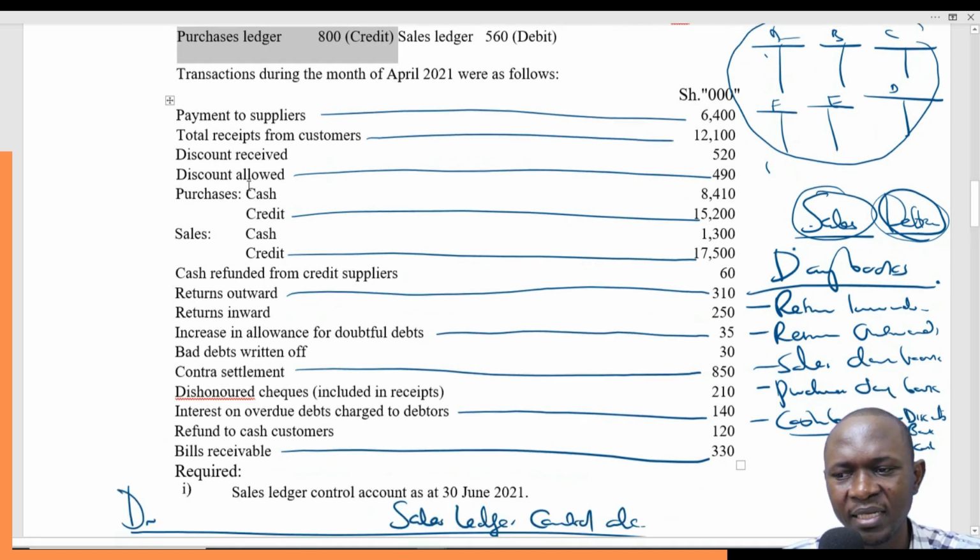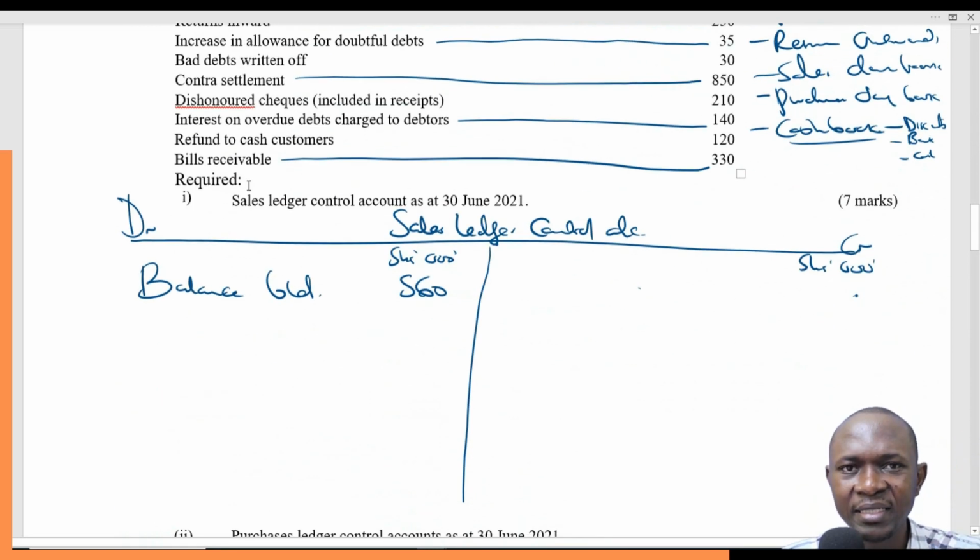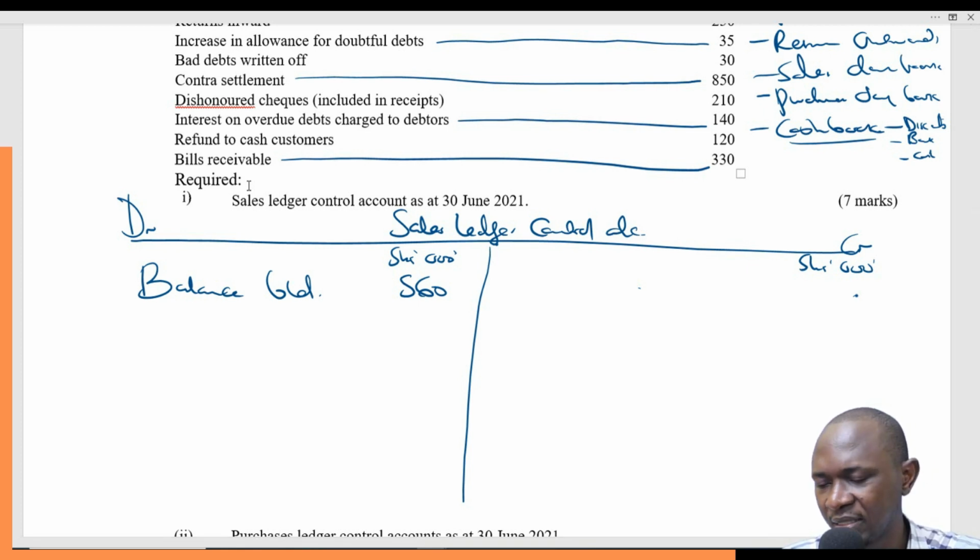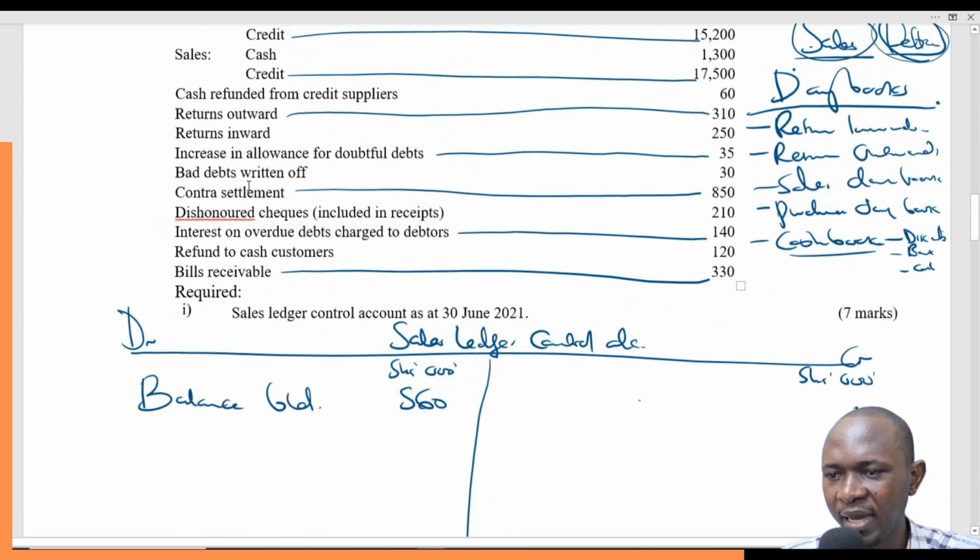It's as simple as that. Anything that increases the liabilities of the debtors will be on the debit side. Anything that reduces the debtors will be on the credit side. That is the whole guiding principle.